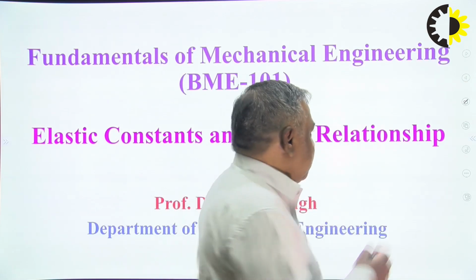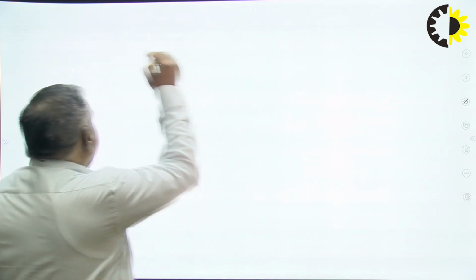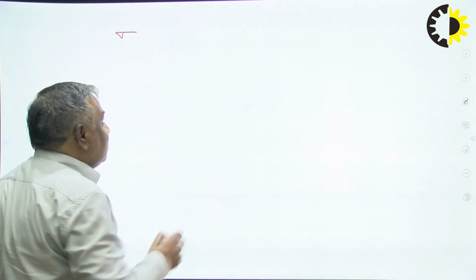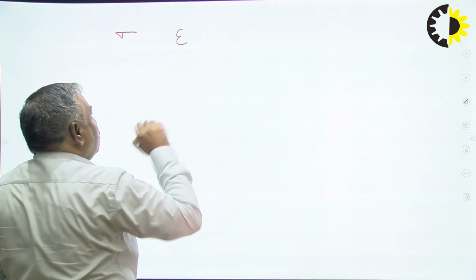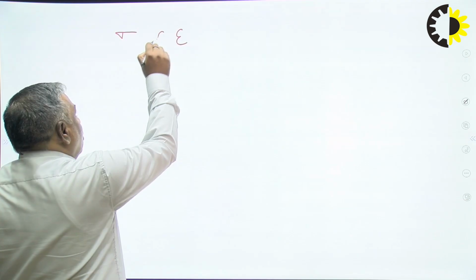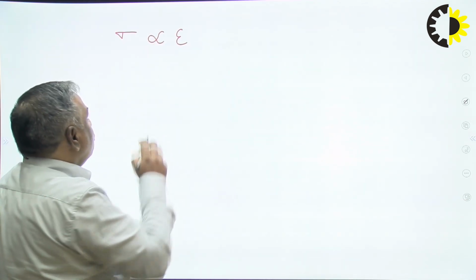If I wish to write the relationship between stress and strain, I use sigma for the normal stress and epsilon for the normal strain. According to Hooke's law, this is a proportionality limit. So this is Hooke's law.